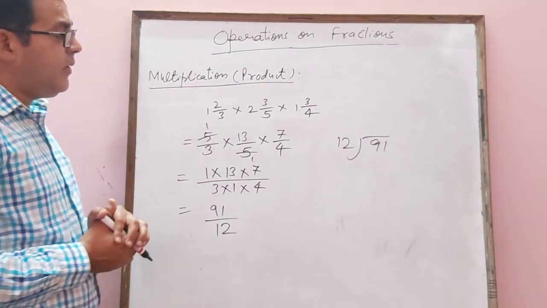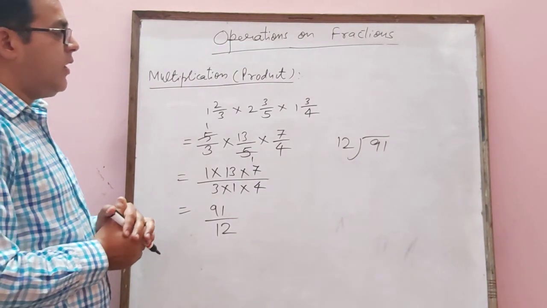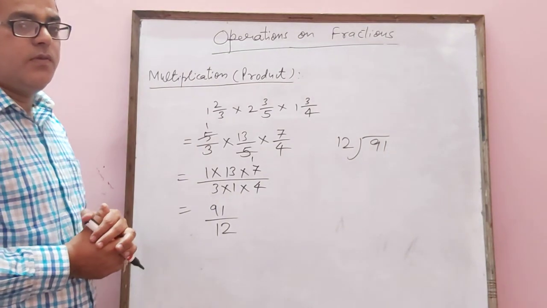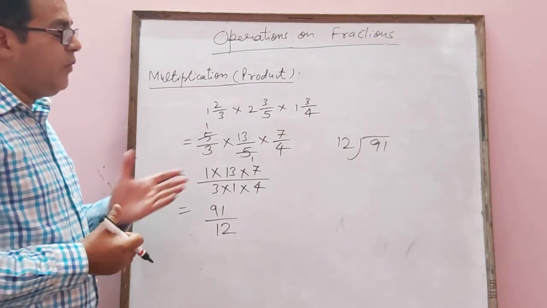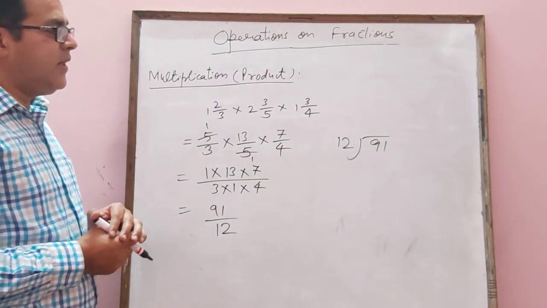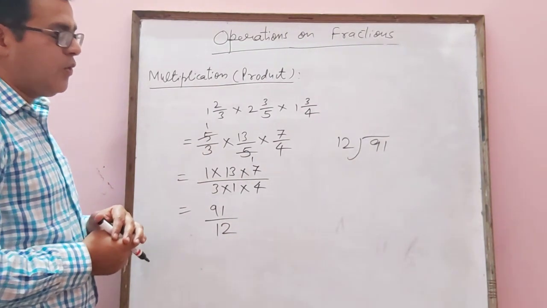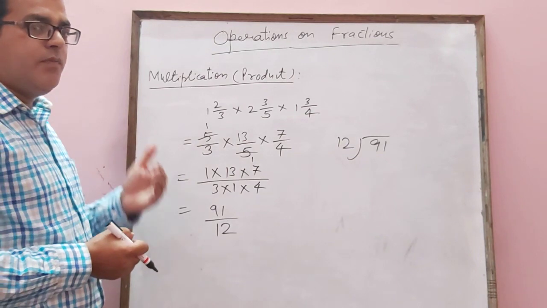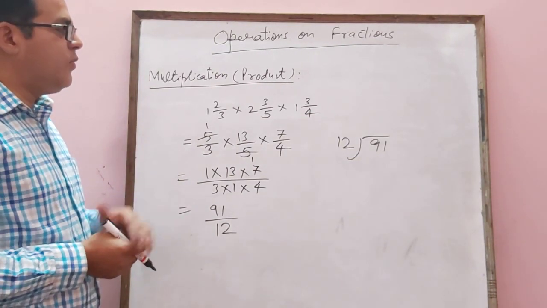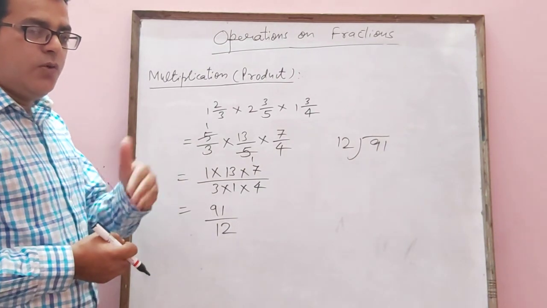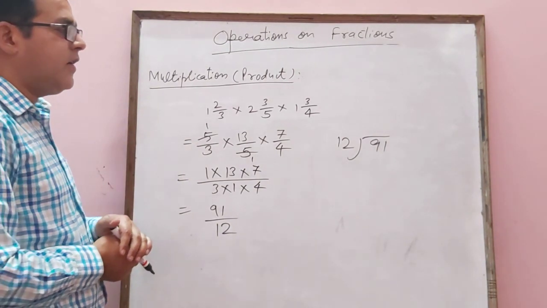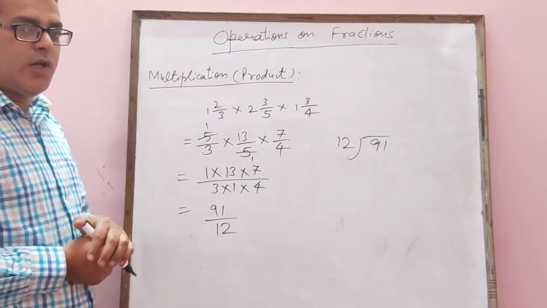So tell me how many times this 91 is divisible by 12. Where does 91 come in the table? We know that 91 is not exactly divisible by 12. So we need to find just before the number which we can divide by 12. So try to read the table of 12. Take your time and start.